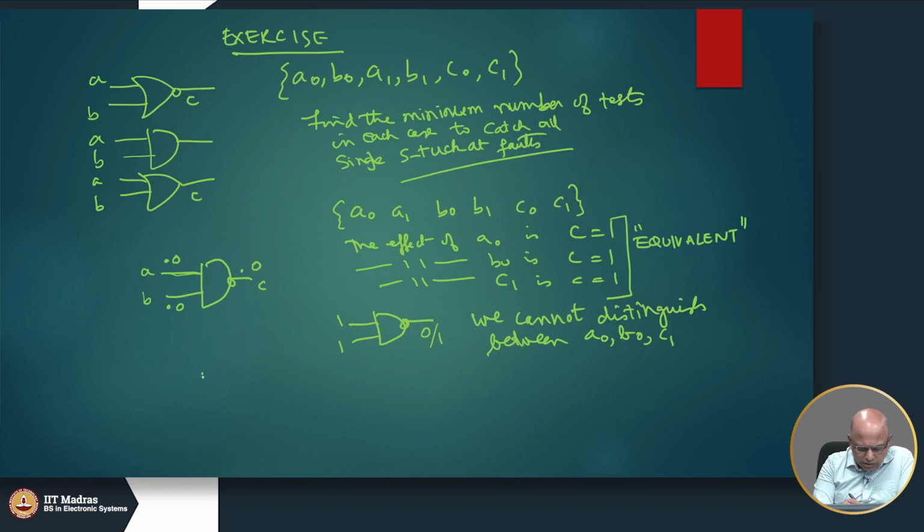So, we can go ahead and say, I am not really going to test for all of them. It is enough to look for A stuck at 0, and then C stuck at 1. So, we have eliminated B stuck at 0.